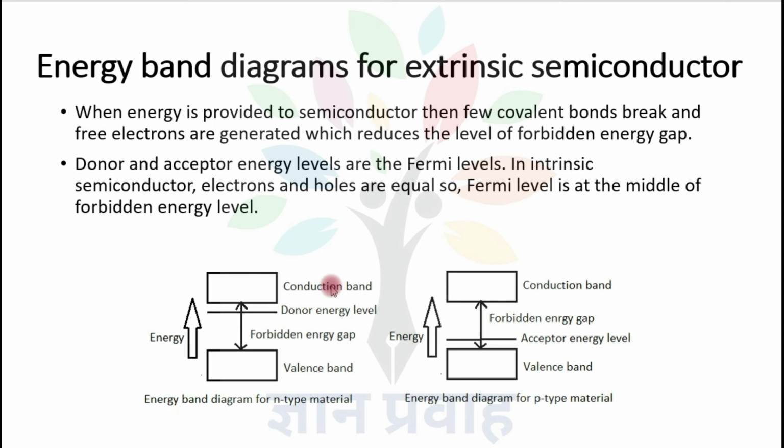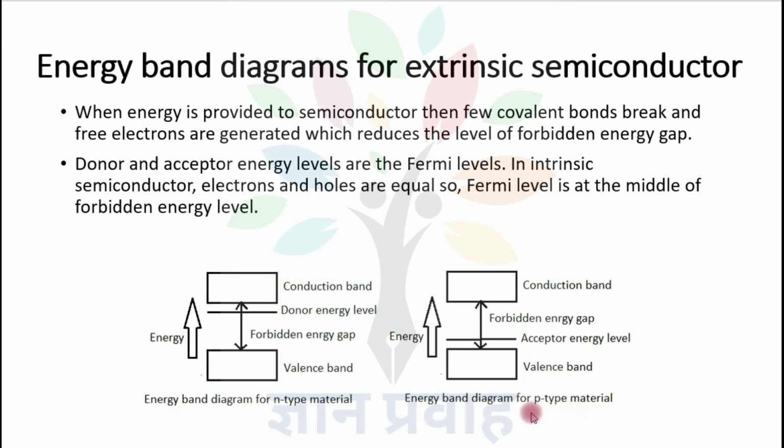In intrinsic semiconductor material, the Fermi level is just midway between the conduction band and valence band. But in N-type material, the Fermi level is shifted towards the conduction band because a number of electrons are generated and move freely in the crystal structure. It means a number of electrons are in the conduction band.